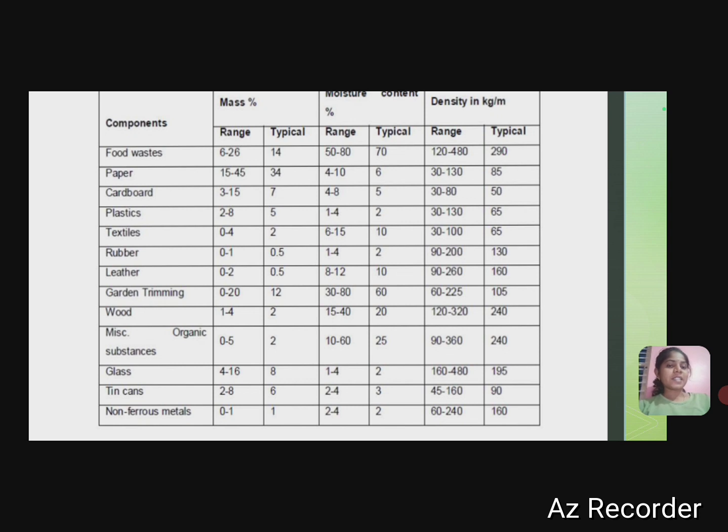Taking wood for example, the range is 1 to 4 percent, where typically it will be 2 percent. When it comes to moisture content, the range is 15 to 40, typically 20. Then when it comes to density, the range is 120 to 320, where typically it will be 240. So the variations will vary from component to component, comparing mass to moisture content.